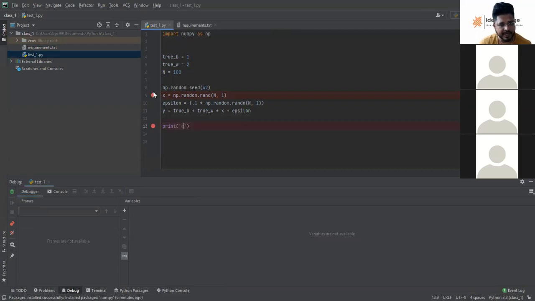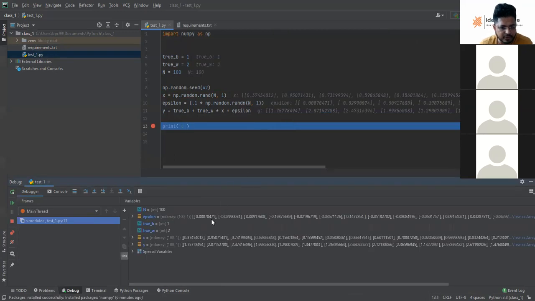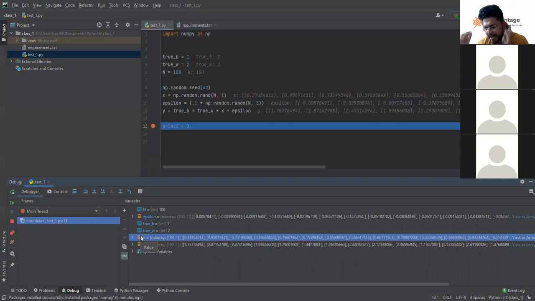So I am getting x, y. I am getting all the x, y values. Y is here, x is here. So my data generation is done now. How am I generating the data? Again, just explaining. I am randomly taking a value of b and w. I am randomly initializing 100 points of x.